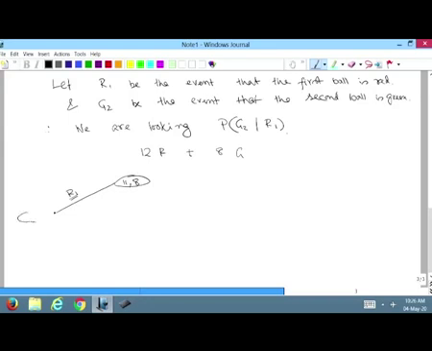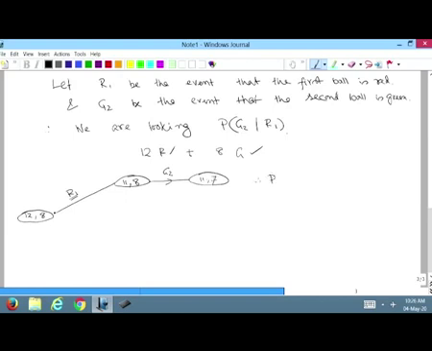As you can understand, we started with 12, 8, where 12 is the number of red balls and 8 is the number of green balls. Therefore, now if G2 happens, the configuration is going to be 11, 7.